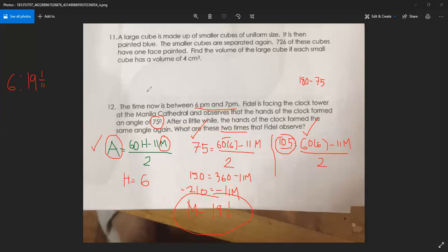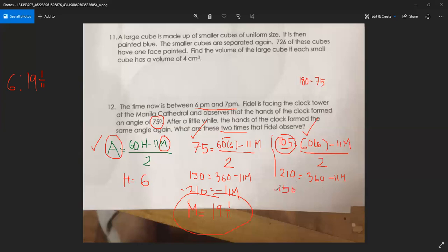Now, on the other hand, same process here: multiply 105 by 2, so this will become 210. 210 is equal to 360 minus 11M. Solving for M, 210 minus 360 gives negative 150.